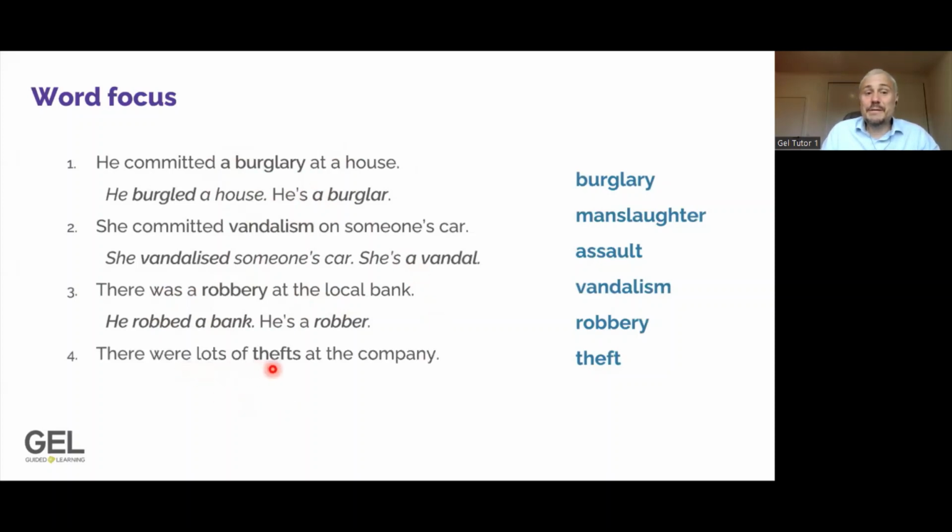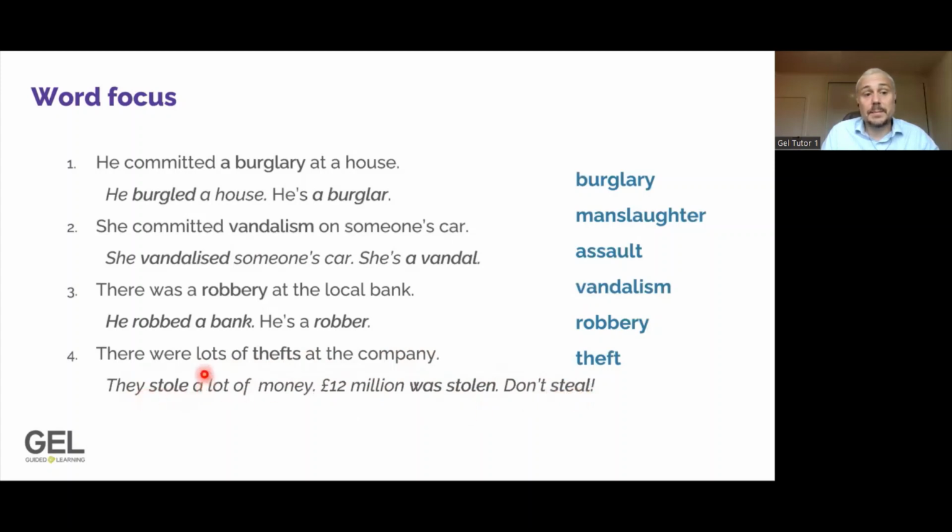There were lots of thefts at the company. For this noun, theft, we do have a verb, which is to thieve, but it is not used very often. It is much more common to use the verb steal. They stole a lot of money. £12 million was stolen is the past participle, and don't steal is the infinitive.